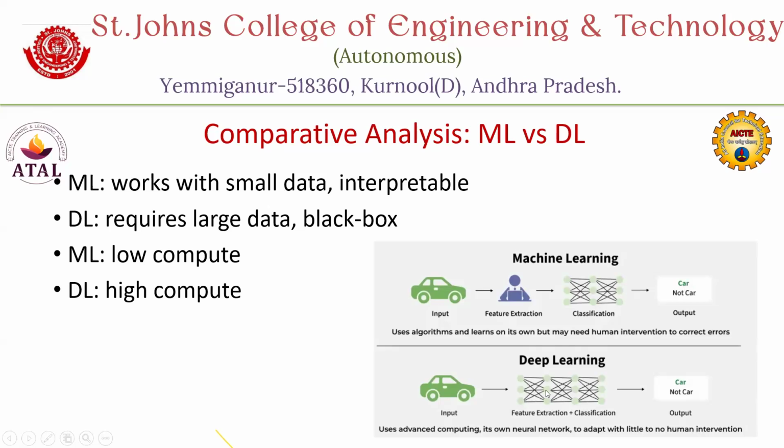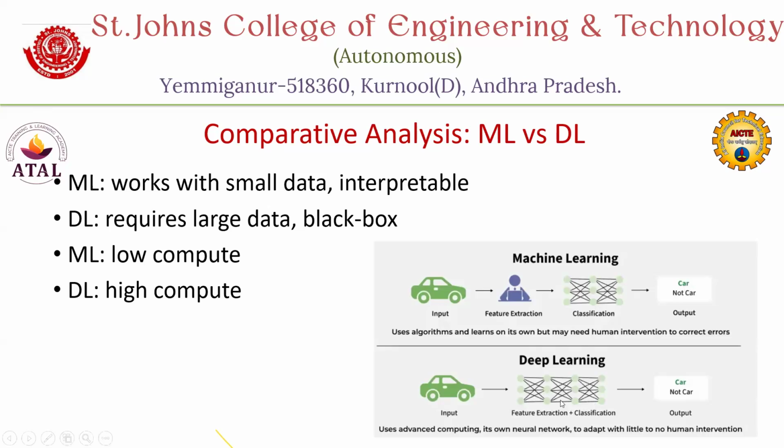But when it comes to deep learning, it uses advanced computing and its own neural network to adapt with little or no human intervention. Whereas in machine learning algorithms, human intervention is needed to a larger extent, for correcting errors. But in deep learning algorithms, we don't involve any sort of human intervention.